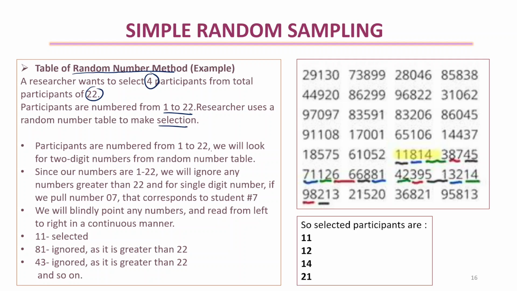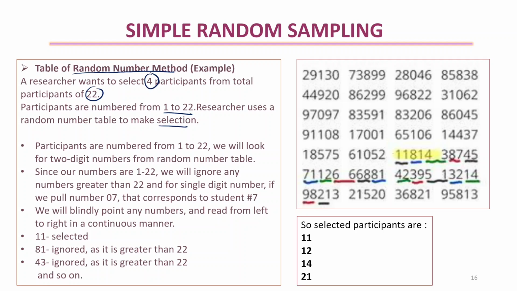We will look for 2-digit numbers from the random number table. As our numbers are from 1 to 22, we will ignore any numbers greater than 22, and for a single digit number, if we pull number 07, that will correspond to student 7. We will blindly point to any number and read from left to right in a continuous manner.